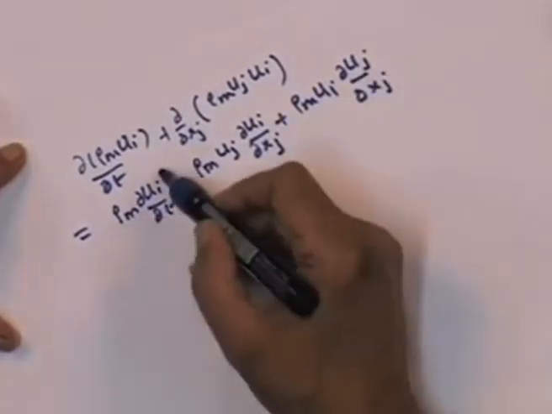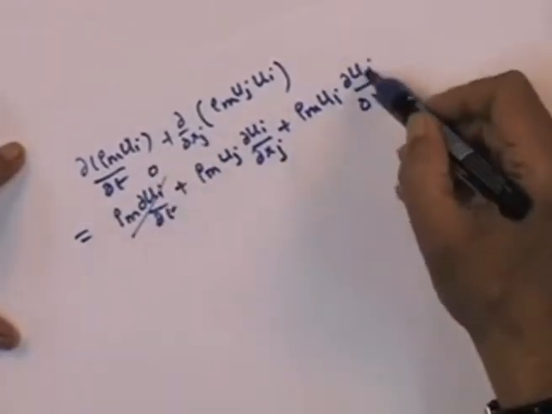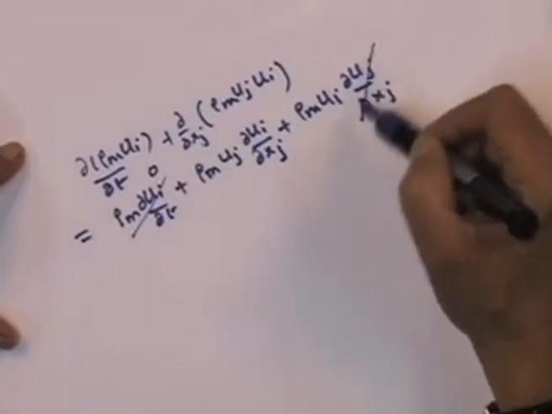Now, of course, in a steady flow that is 0, and due to the mass conservation equation, duj by dxj is 0.